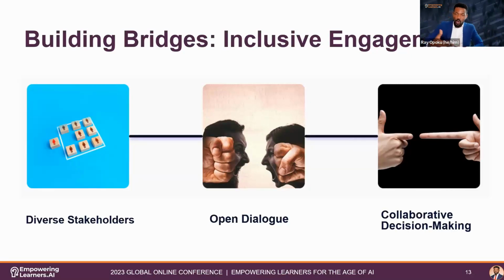So if we want to build inclusive AI systems, we want to be transparent, communicate at least at the beginning, and earn trust in the work we're doing and the systems we're building. And also make sure that we're collaborating in a way that involves everybody. Next slide.